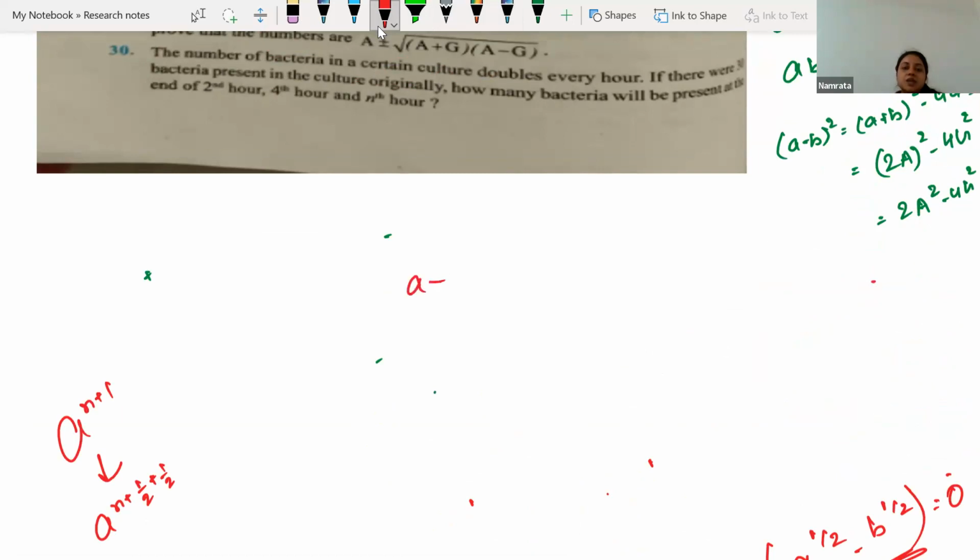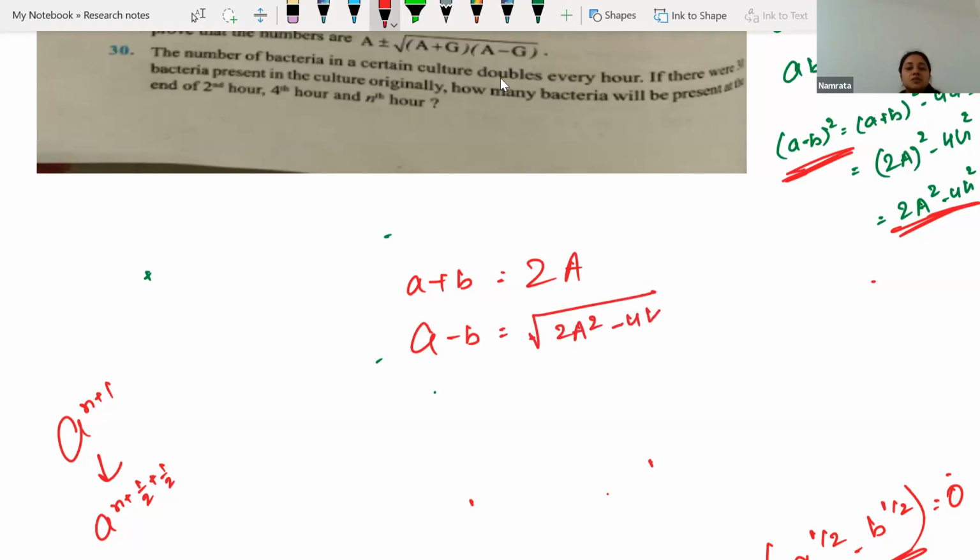So a plus b we have in hand as 2A, and a minus b square we have in hand. A minus b will be under root that. So under root I am going to write 2A square minus 4G square.